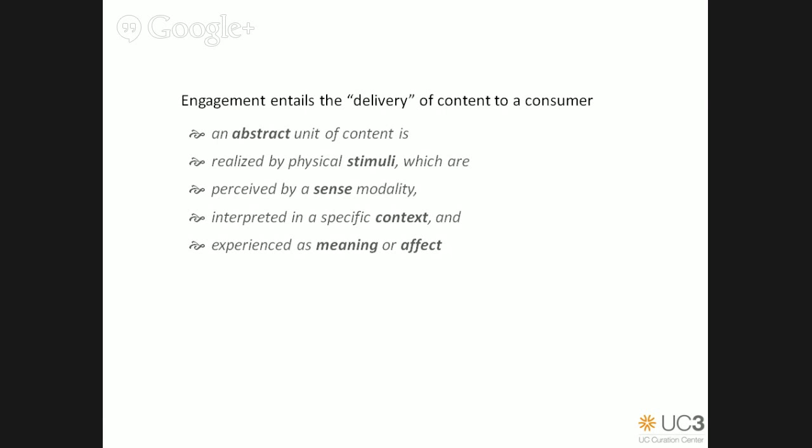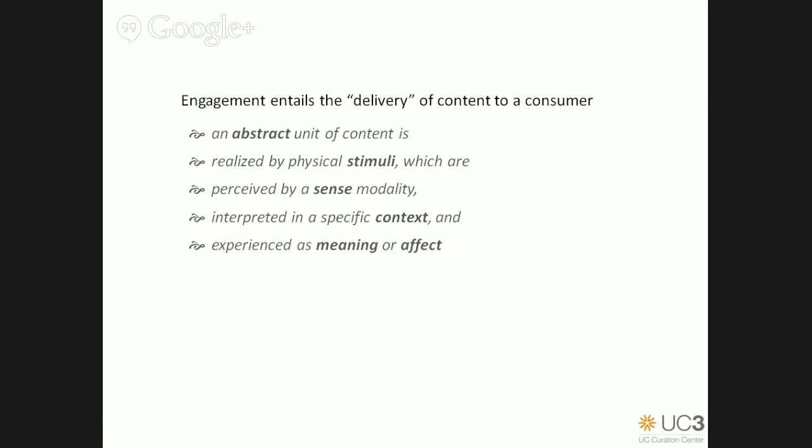I'd like to go back to this notion of content engagement. Engagement, I think, fundamentally entails the delivery of some unit of content to a consumer. How does that happen? If we consider the psychophysiological process, it goes something like this.